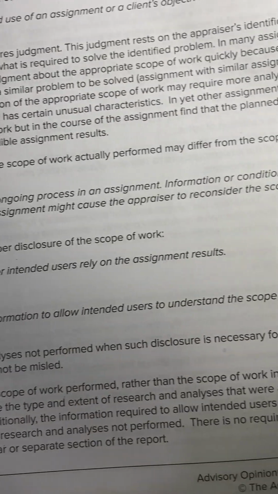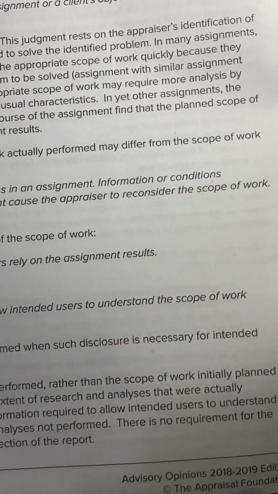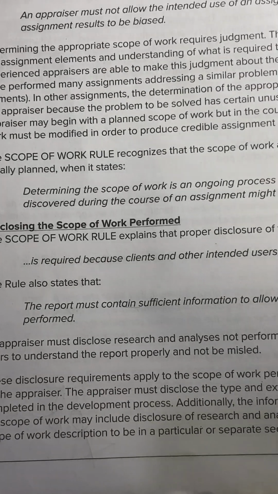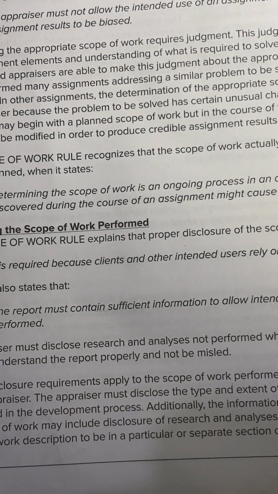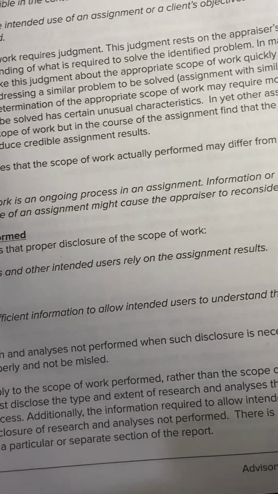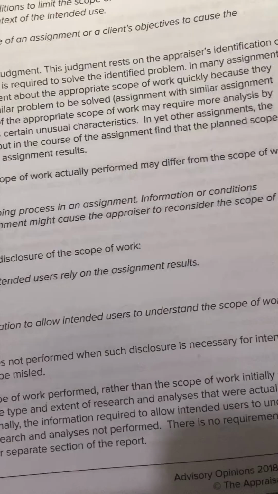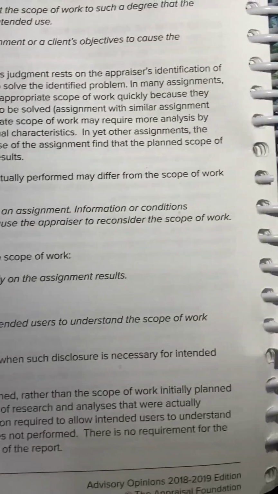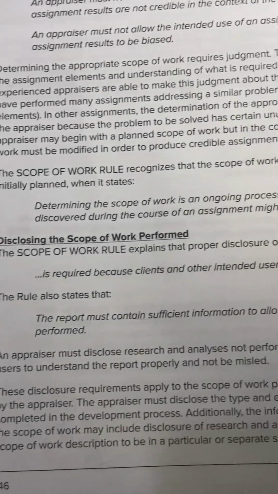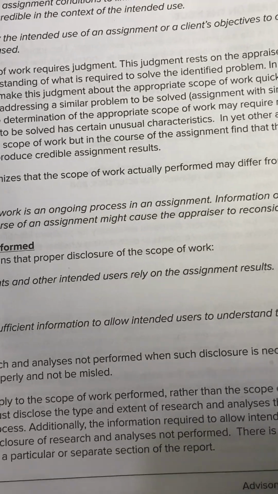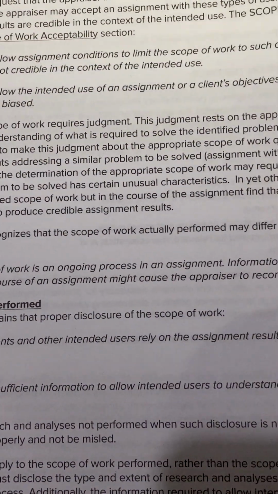Additionally, the information required to allow intended users to understand the scope of work may include disclosure of research and analysis not performed. There is no requirement for the scope of work description to be in a particular or separate section of the report.